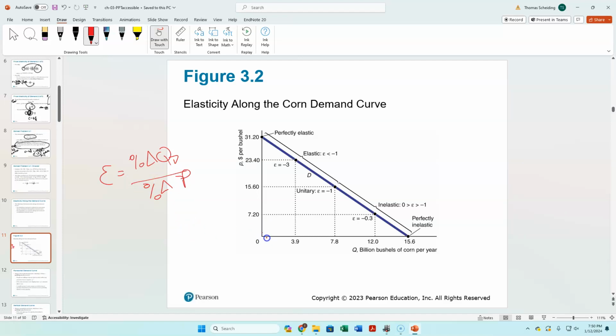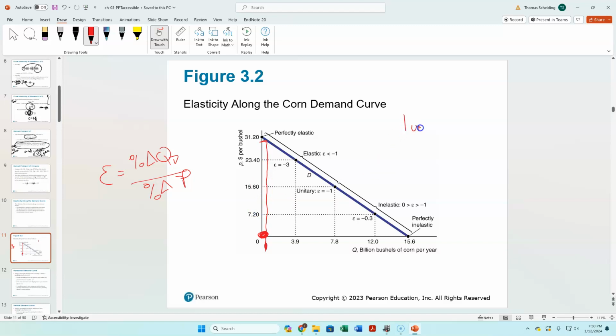well, at this point here, close to this right here, you've got a very low quantity but a very high price.